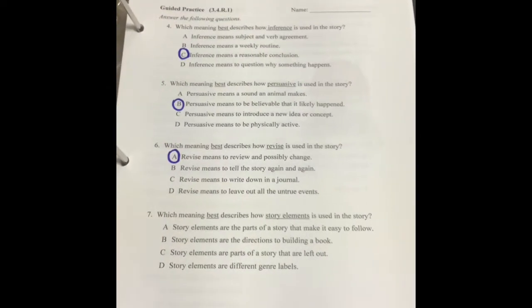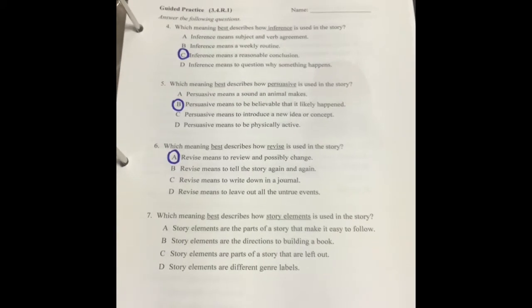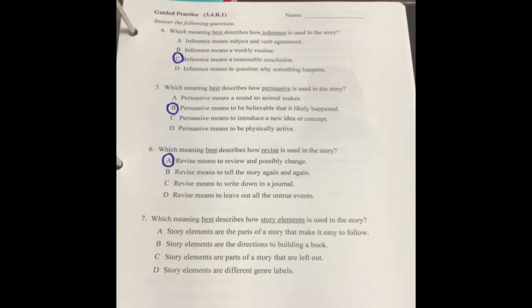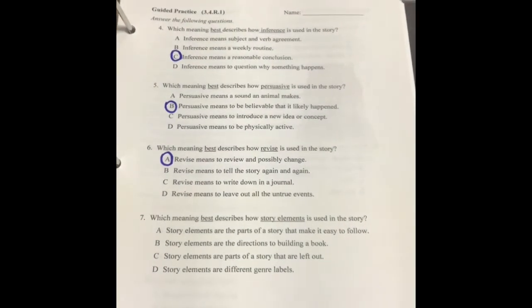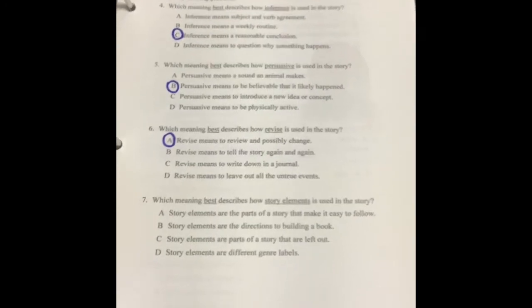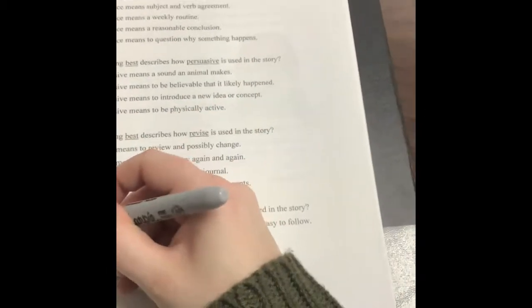Which meaning best describes how the story elements is used in the story? Story elements are parts of the story that make it easy to follow. Possibly. Story elements are the directions to building a book. No, that would be your instructions. Story elements are parts of story that are left out. No. Story elements are different genre labels. No. Story elements are the parts of the story that make it easy to follow. A.